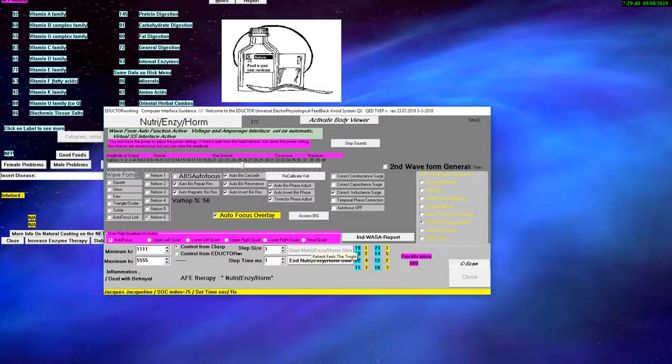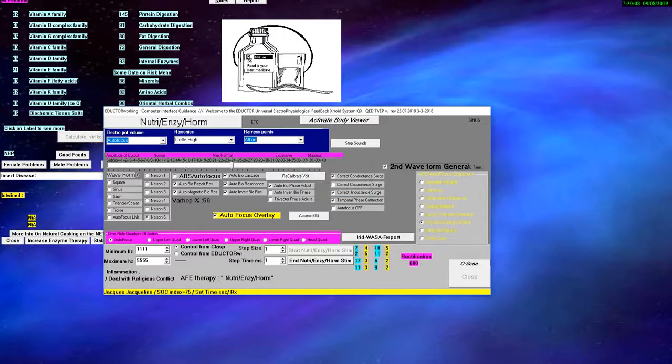We often do not have time to look specifically at each of the nutrition, enzyme, hormone. But this program, you know, is very interesting. And again, it will tell me the emotion here. And in here, what I can do, I will not necessarily do it at the beginning. We can set the second wave generator because we know that the eductor has this functionality of having 3 wave generators.